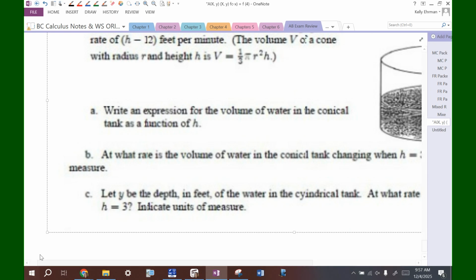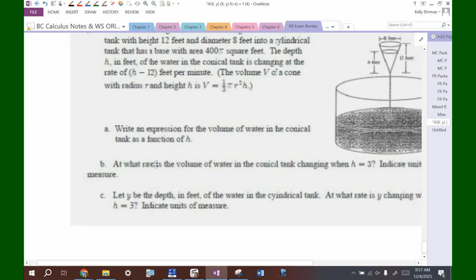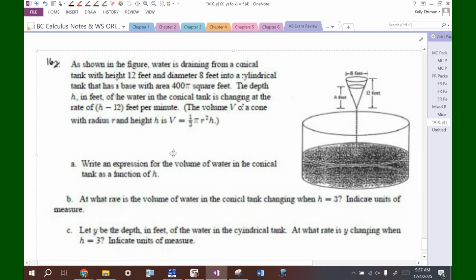All right, so as shown in the figure, water is draining from a conical tank with a height of 12 feet and a diameter of 8 feet. So we have to be careful of that. The radius is 4 feet. So I kind of just want to cross that out. The radius is 4 feet.